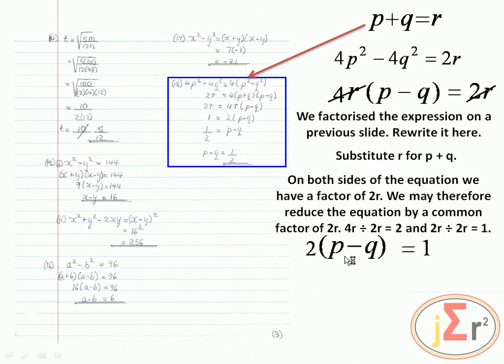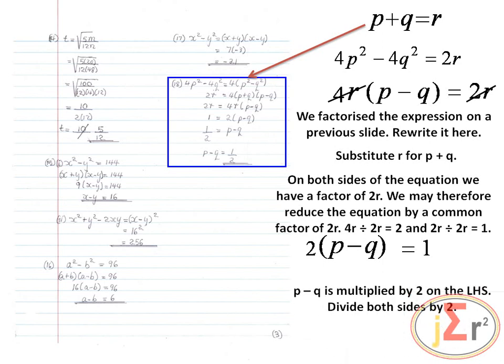We need the value of p - q. As a matter of fact, we are told already that the value of p - q is equal to a half, and all we need to do is demonstrate that it is so. So we have p - q is multiplied by 2 on the left hand side. We need to eliminate that 2, and we will eliminate that 2 that we are multiplying by dividing by 2.